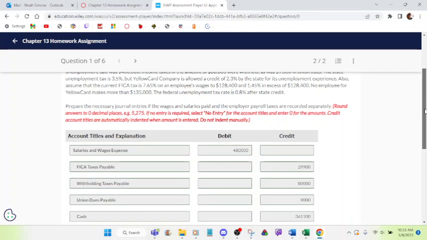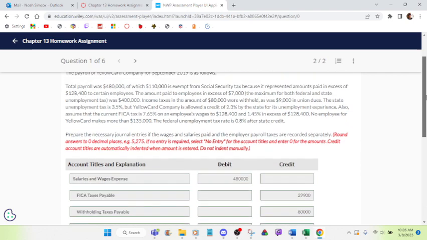Okay, hold on a second. Okay, so they didn't tell you whether they had already paid it. Man, this is stupid.